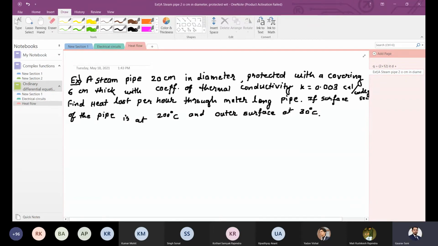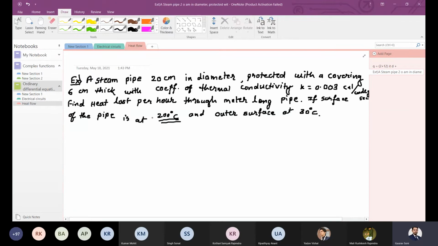So the inner surface is at 200 degrees Celsius. Whatever steam the pipe is carrying, it is at 200 degrees Celsius. The outer surface is at 30 degrees Celsius. The inner pipe has a diameter of 20 centimeter, and that pipe is covered with 6 centimeter thick material, which has this thermal conductivity.